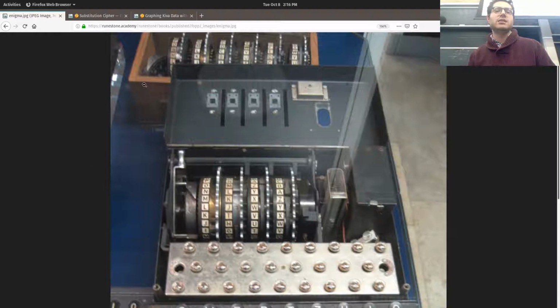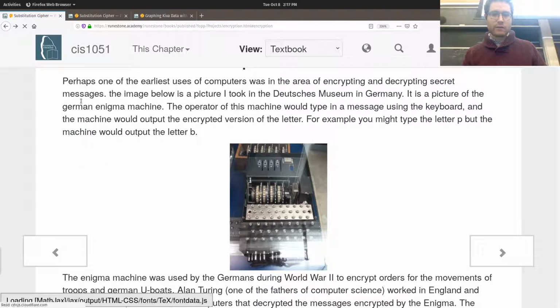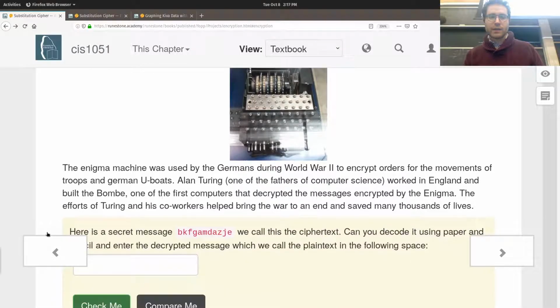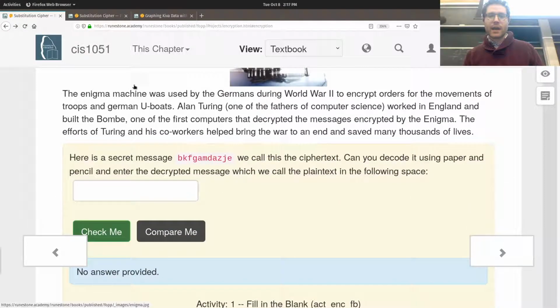So what you need is the appropriate number of wheels, or rotors rather, in the right order and the right starting positions, which is what you would keep in a book. Those were what we call the key, right? So you would put in P and it would output B.